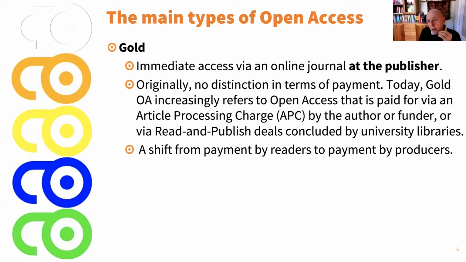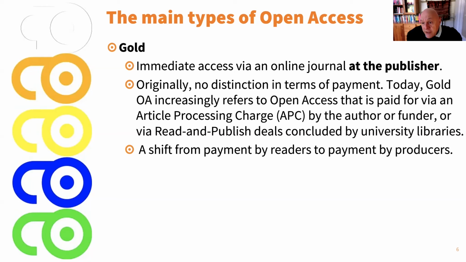Of course, gold open access especially signals an important shift in payments. Before, payments were made by readers or university libraries, where I include university libraries among readers. So you paid to read, to have access to a paper.